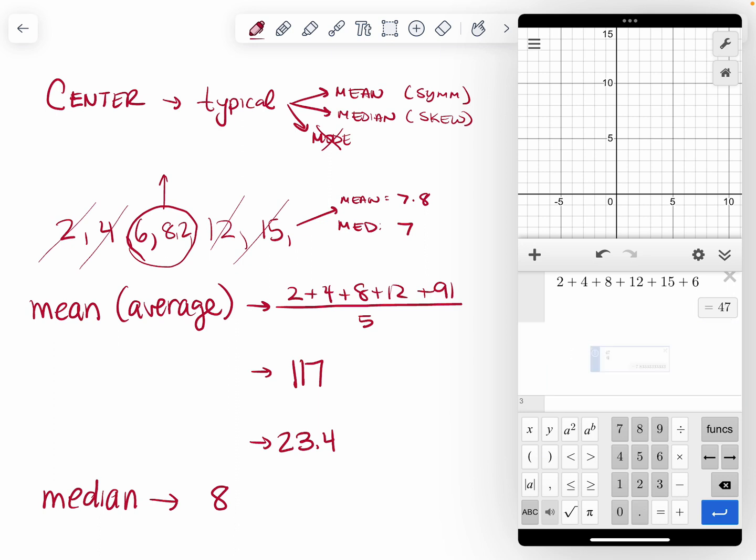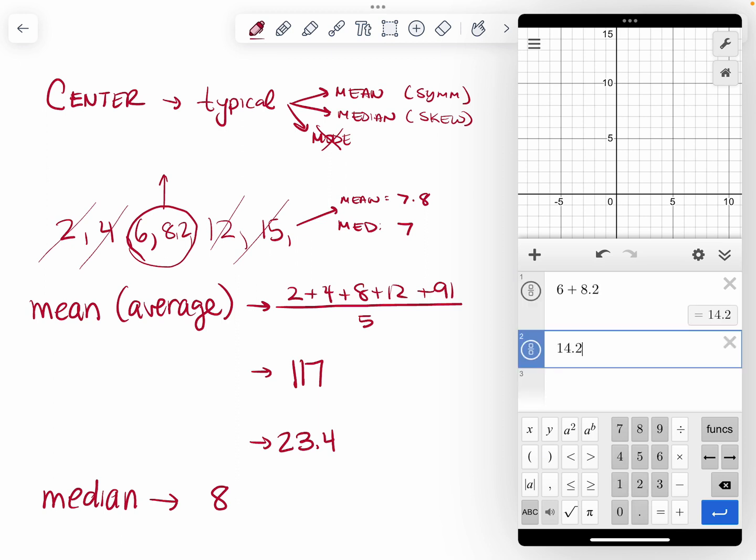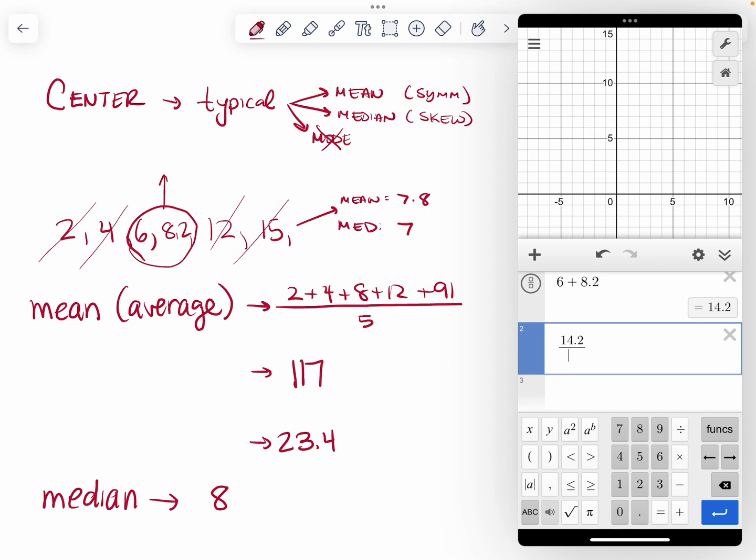So we take 6 and 8.2, add them together, and take that 14.2 and divide it by 2. That's 7.1, so the middle would be 7.1. Anytime you have 2 numbers left over, add them up and divide by 2.